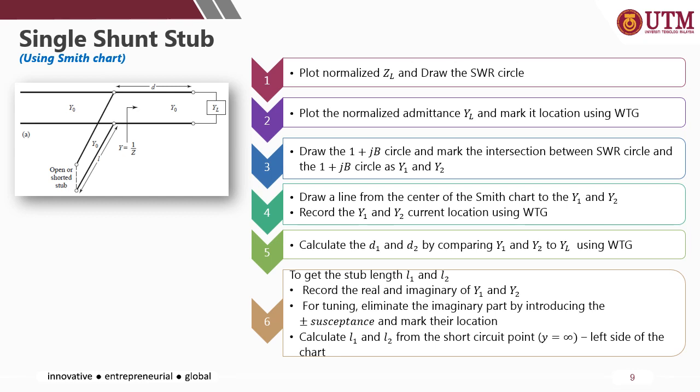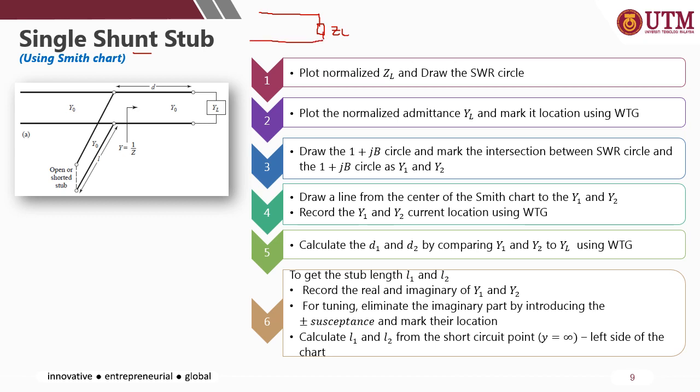Okay, now let's look at the steps involved in designing a single shunt stub. The shunt will be the parallel stub to the transmission line. This is the transmission line with the load.